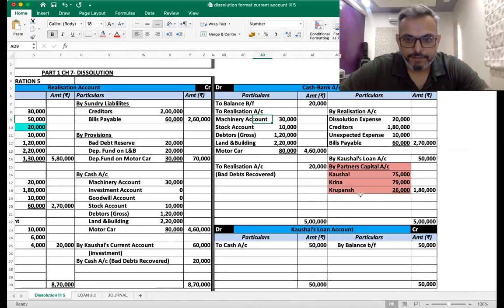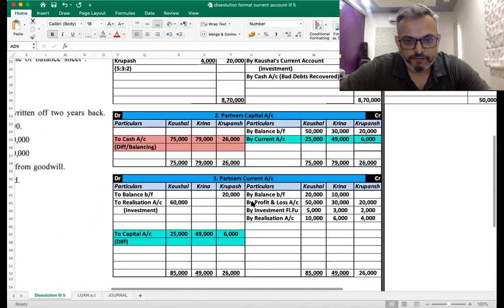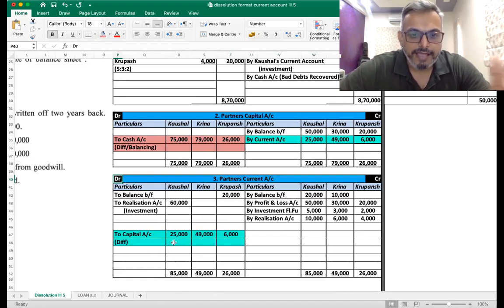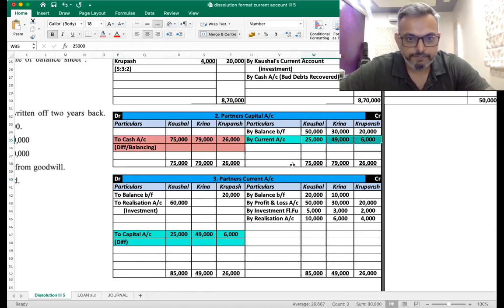We are paying to the partners, so entry will be partners capital account will be debited and cash account will be credited. Now for transfer from current account to capital account, you can make entry from this. You can see current account debit side. So all the three partners' current account will be debited and their respective capital account will be credited, which is happening over here.